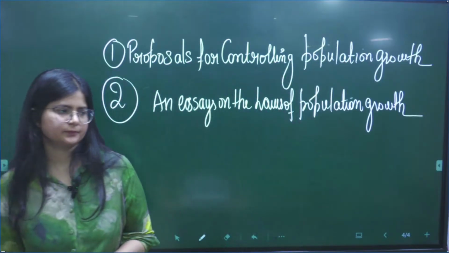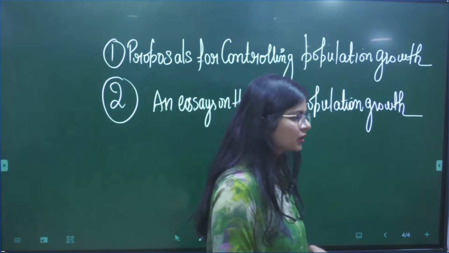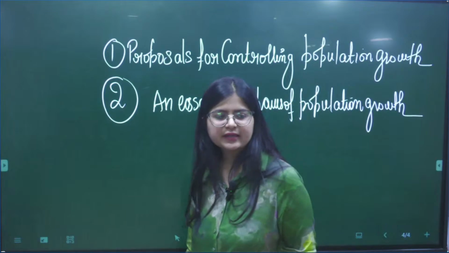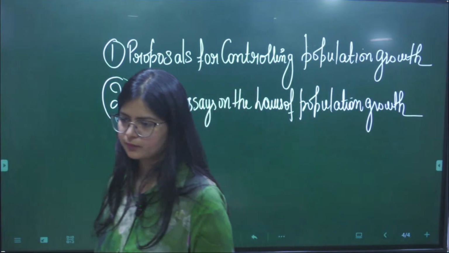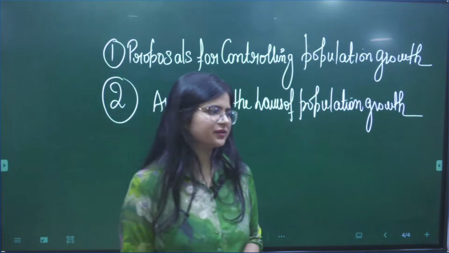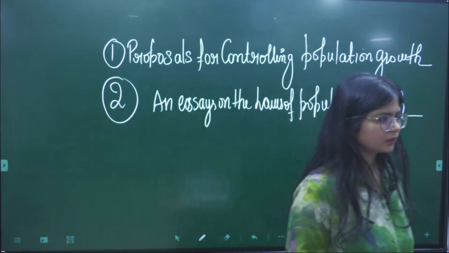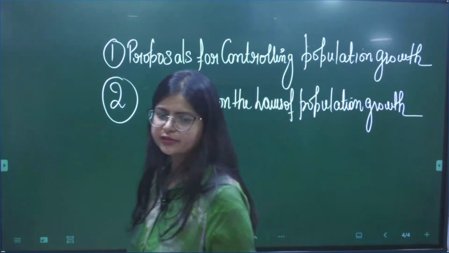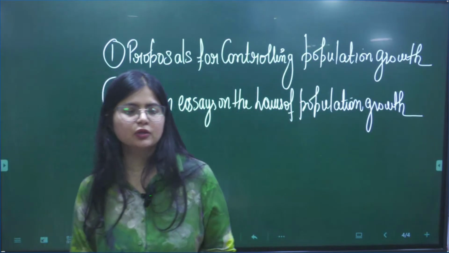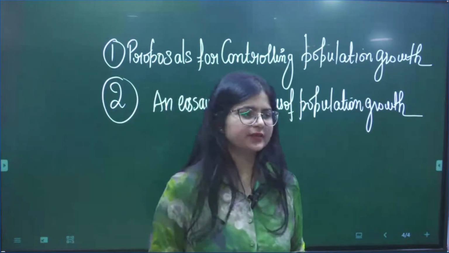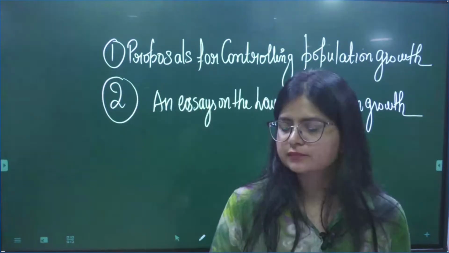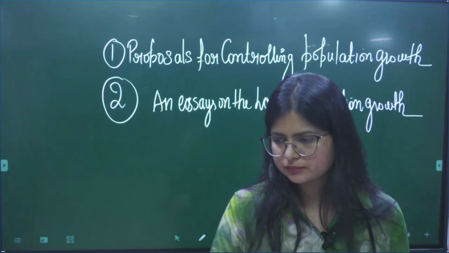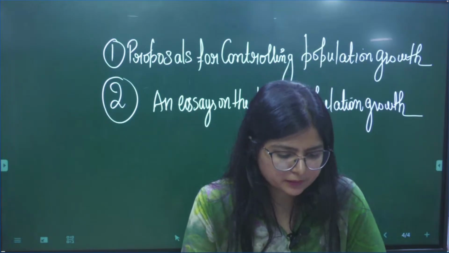According to him, the population increases in a geometric manner, while food productivity increases in an arithmetic manner.